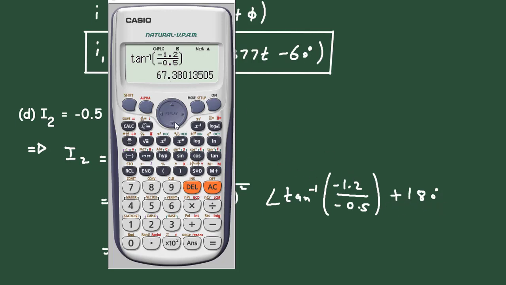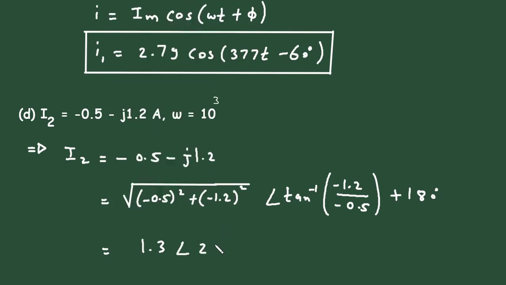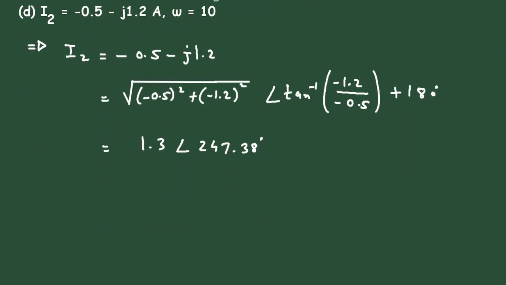Also we have to add 180 degree to it, so plus 180 degree, so it is 247.38 degree. Now this is I2 in polar form, and its unit will be ampere obviously.